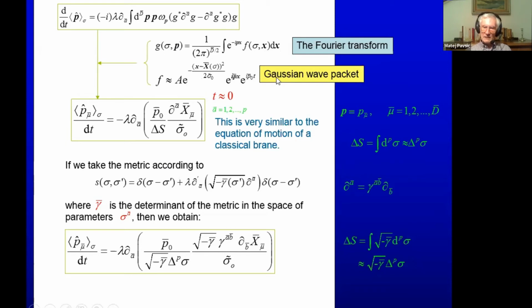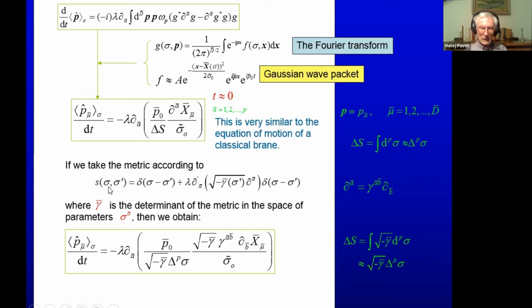This can be done at initial time only because a Gaussian wave packet spreads over time. But initially, we can say that this is a Gaussian wave packet and insert it into this equation here, and then we arrive at this equation here. And this is very similar to the equation of motion for the Dirac, for the classical brane.